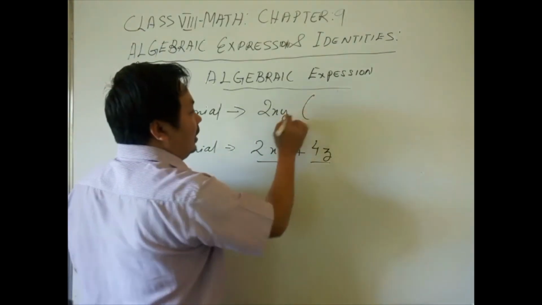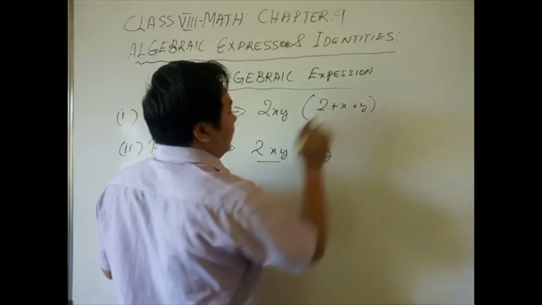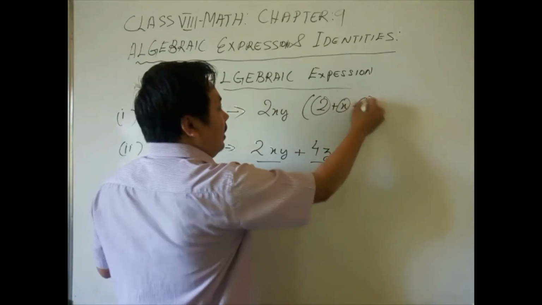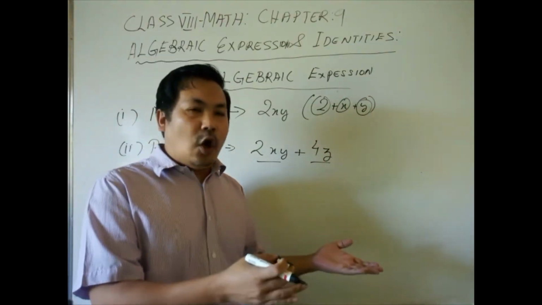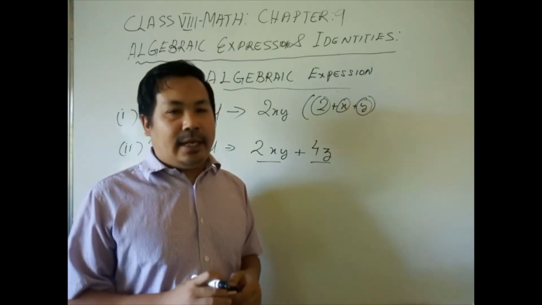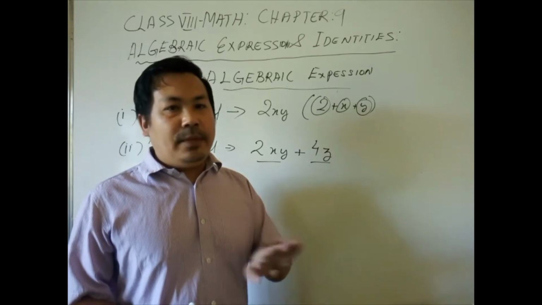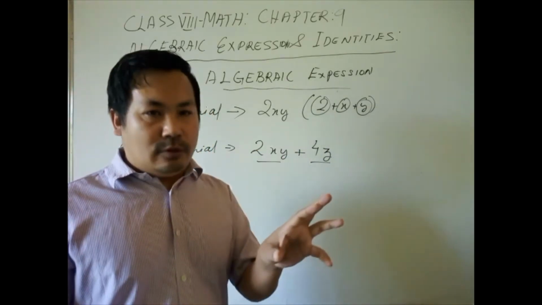For example, here in this case, we find 2 plus x plus y. These are separate terms. There are three terms. That means terms are separated by plus or minus signs. Clear? No division, no multiplication. Multiplication and division never separate the terms; they group the terms.